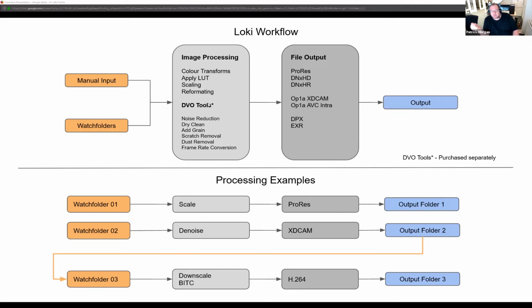The most important part is that we have access to the DVO tools, which are purchased separately from Loki. In here we've got noise reduction, dry clean, dust removal, scratch removal, frame rate conversion, chromatic aberration, pretty much anything you'd want to use for restoration. And then we have a file output.